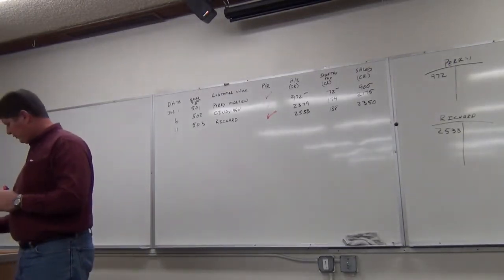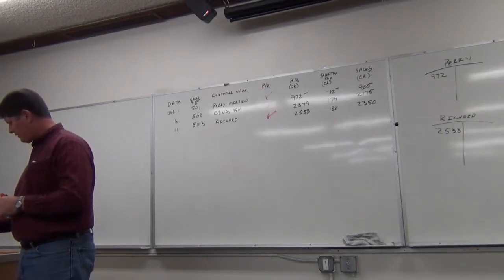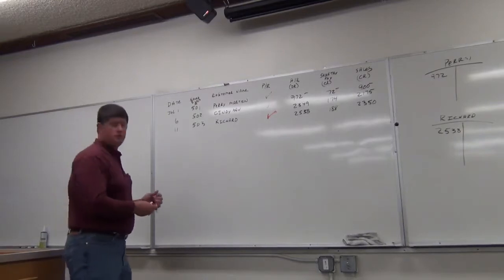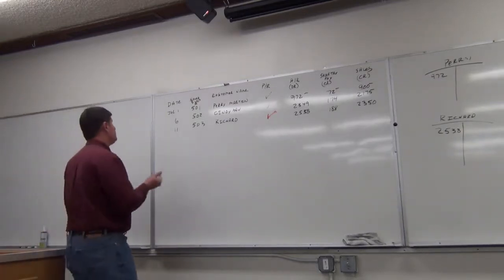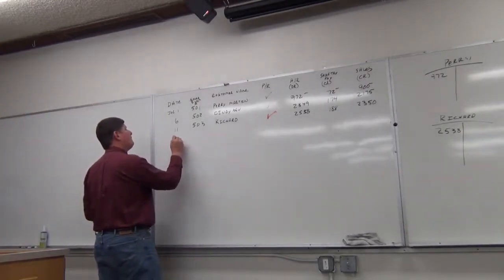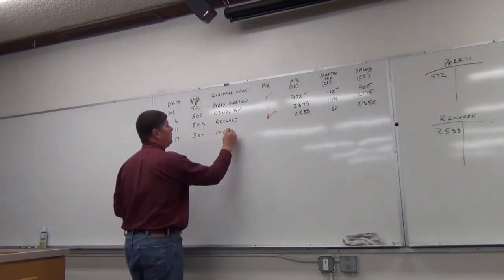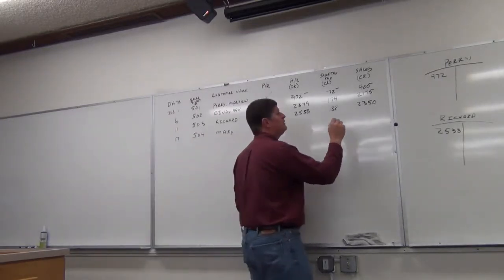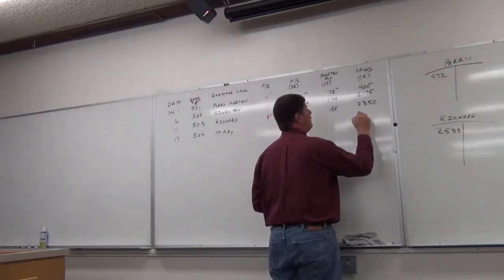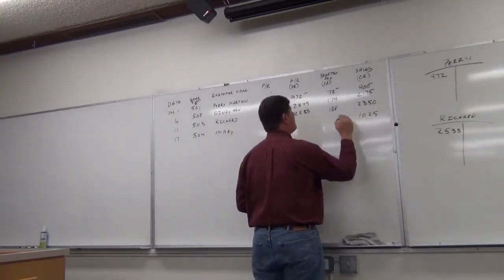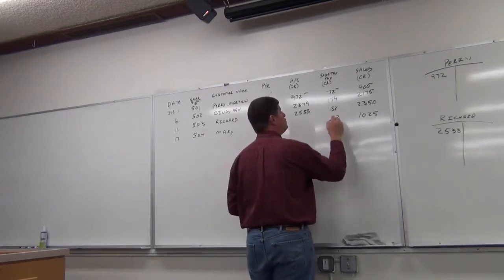17th, sold an electric dryer to Mary Schneider. Issued sales slip 504, $1,025 plus sales tax of $82. 17th, 504, Mary. How much did we sell it to her for? Sales tax, 82.